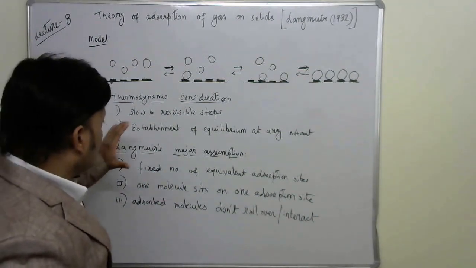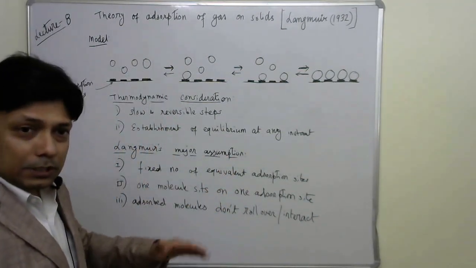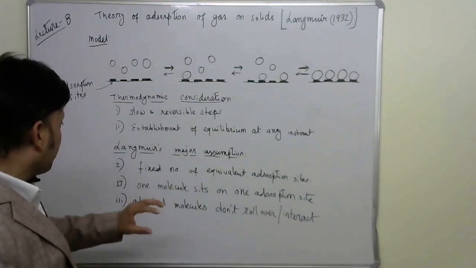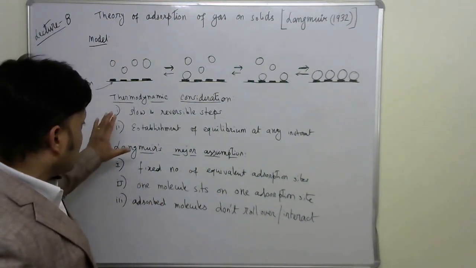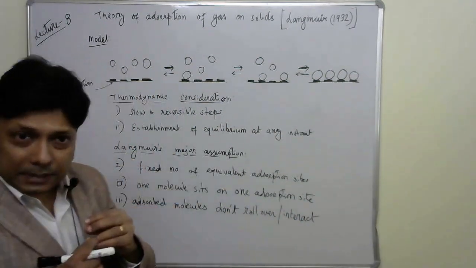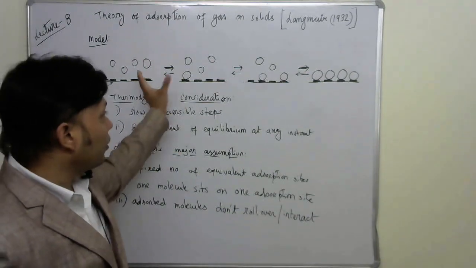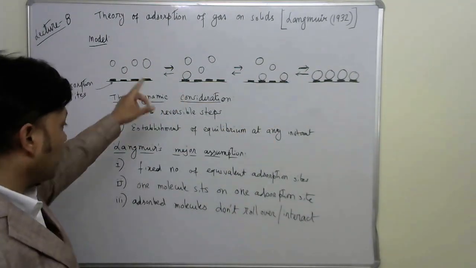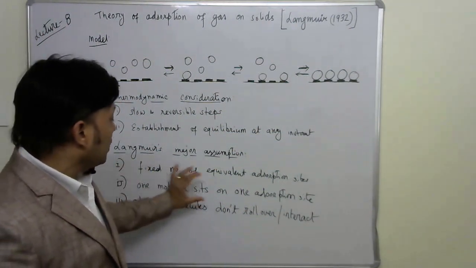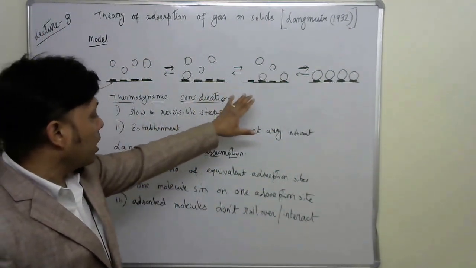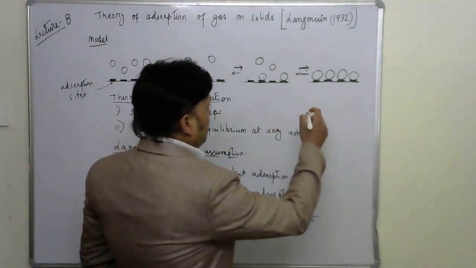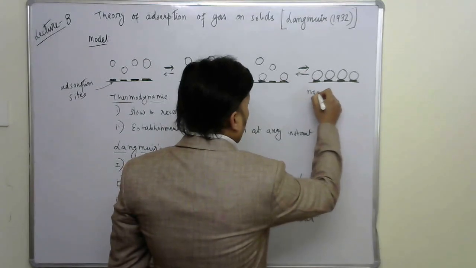Further, Langmuir assumed some special things. Number one, there are a fixed number of equivalent adsorption sites. Each site is the same, so there is no preference of the gas molecules to sit on a particular site. One of the most important assumptions is that one molecule sits on one adsorption site, so the adsorption is limited to a monolayer only.